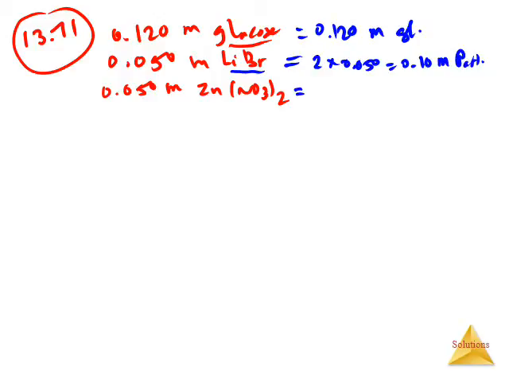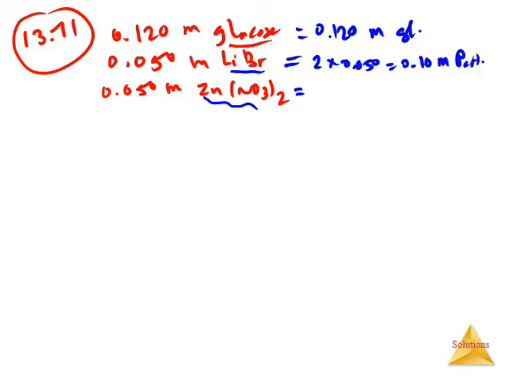In case of zinc nitrate, again, zinc nitrate breaks down into 3 particles: zinc 2 plus, NO3 minus, and NO3 minus. So keep in mind, when 1 zinc nitrate breaks down, you get 1 zinc and 2 NO3 minus. So when 0.050 molal zinc nitrate breaks down, you get 0.050 molal zinc and 2 times that of nitrate.